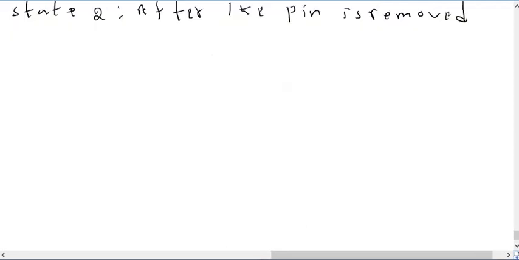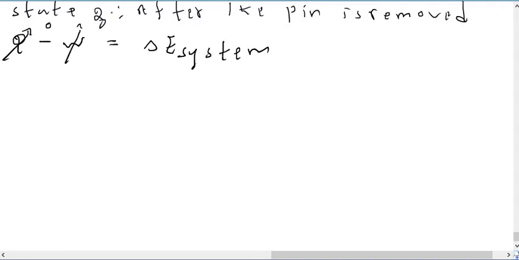So now we apply the first law. By first law, heat minus work transfer is equal to the change in energy of the system. So heat is 0, work is 0. This implies that the change in energy of the system is 0. What is the system? The gas plus the piston. That's our system. So it's equal to 0.